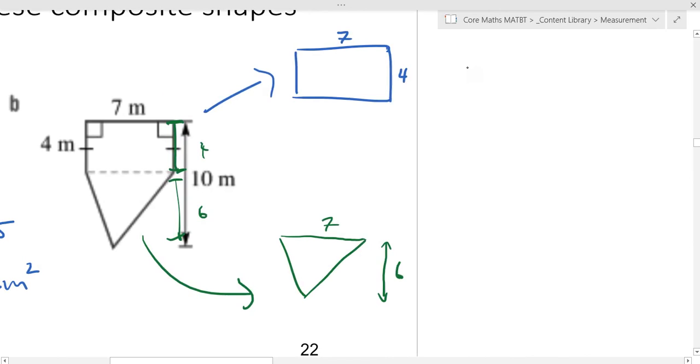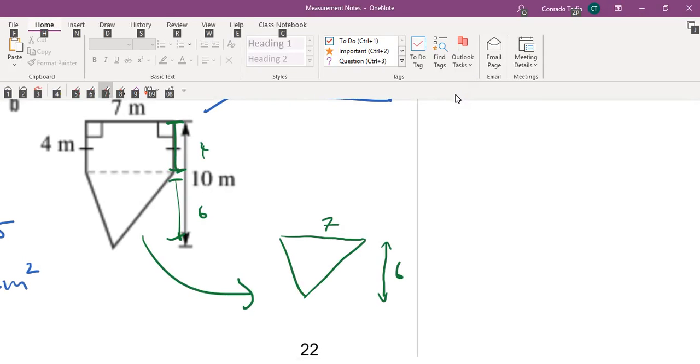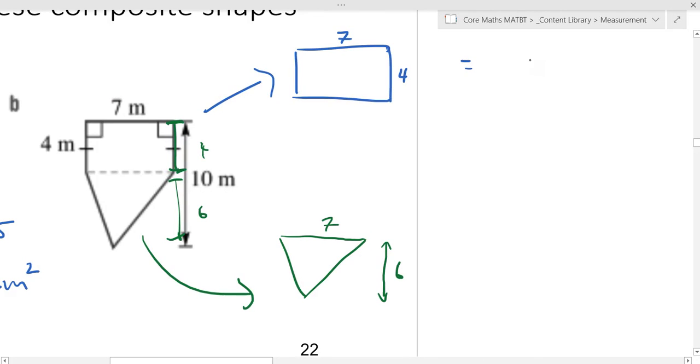All right, so for the area of this, the area of a rectangle, remember, is length times width. So we know that here it's going to be 7 times 4. The area of that rectangle is 28. And then for the triangle here, the area is base times height, and then you divide it by 2.